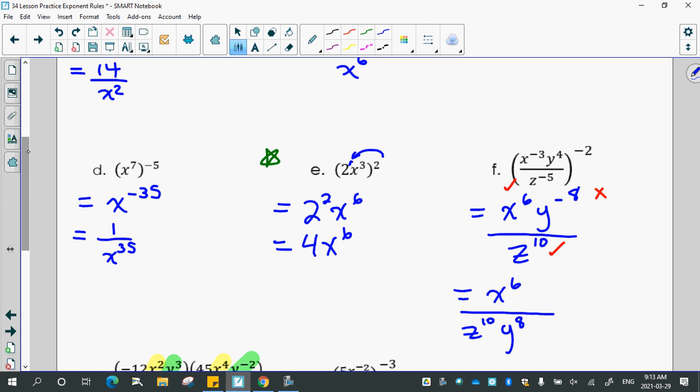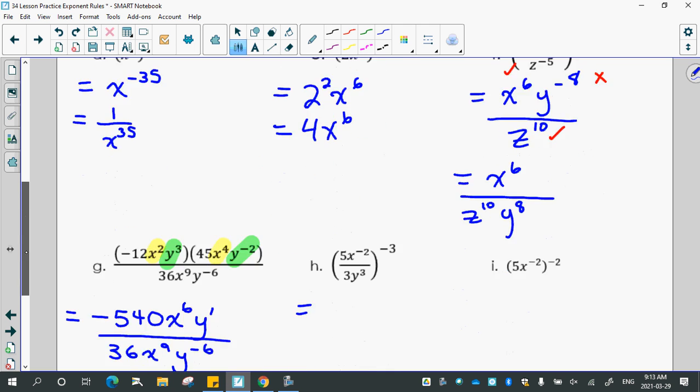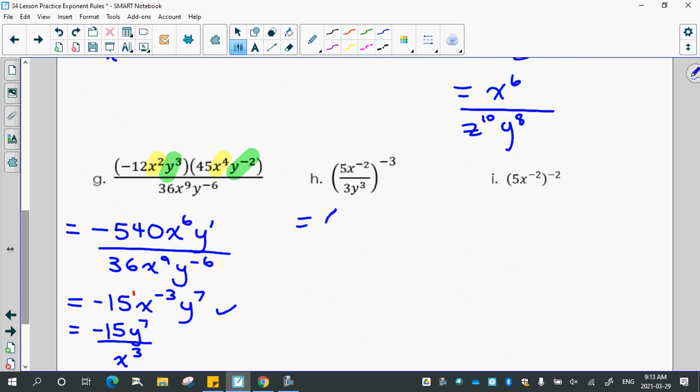There's just variables. So I might be more inclined to flip this, but remember when you flip it, all you're doing is changing the numerator and denominator. You don't change any of the exponents. So there's still that exponent of negative 2 on x, and that's a common misconception. This exponent changes to positive 3.